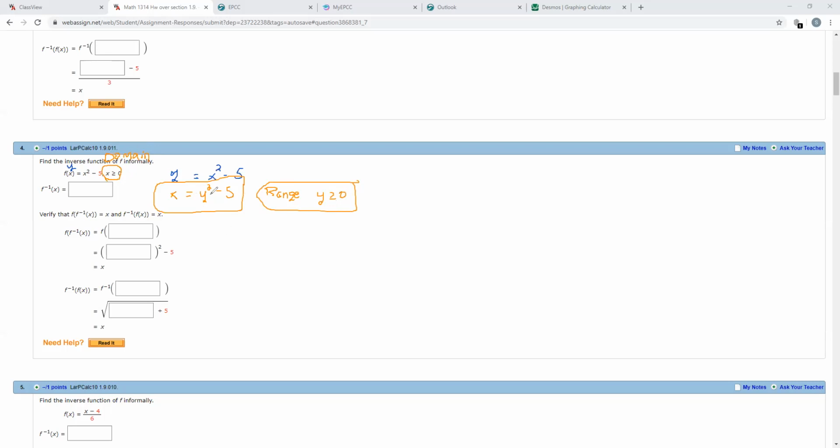So when we continue now, that's one of the reasons it's nice to solve for y, because in some cases you will have to eliminate the positive or negative piece based on this restriction. And that only happens when this is an even power. Solve now for the new y.